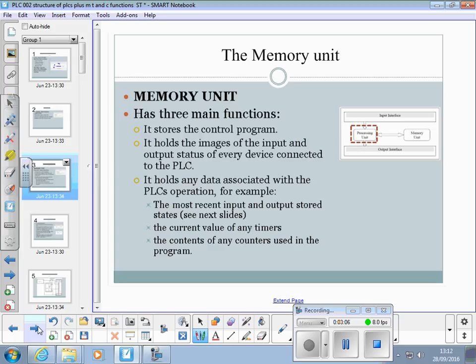And that's quite key to the way that a PLC actually operates in terms of running your program, as we'll go through in a little while. And then it also holds any other data associated with the PLC's operation, i.e. the most recent input and output stored states, the current value of any timers, counters, and so on, and other data registers information that's important to the program's operation. Yeah, so that's all stored in memory.